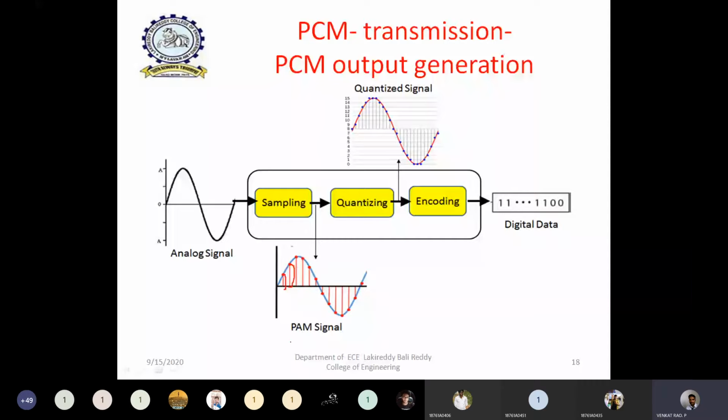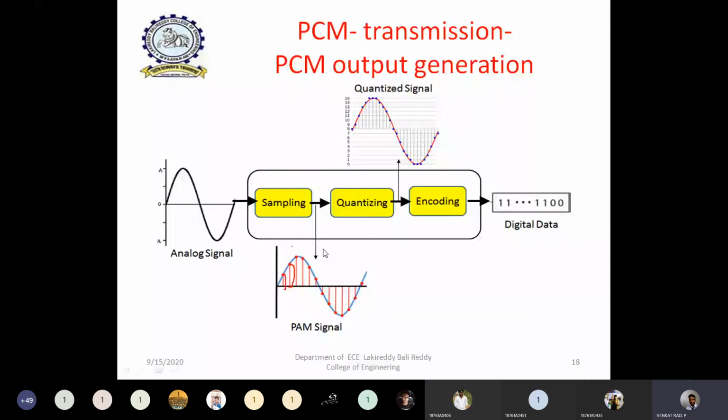This sampled signal is passed to the quantizer. In this quantizer, there are some number of quantization levels, and each sample value is approximated to the nearest quantization level like this. That's why, if you observe, the sampler output and quantizer output both look similar; the only difference is the levels.